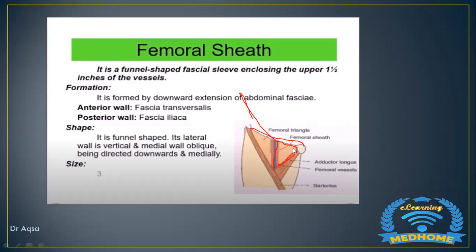The anterior wall of the sheath is formed by fascia transversalis, and the posterior wall by the fascia iliaca. It is funnel in shape. The lateral wall is vertical, the medial wall is oblique, and both of them meet downwards.